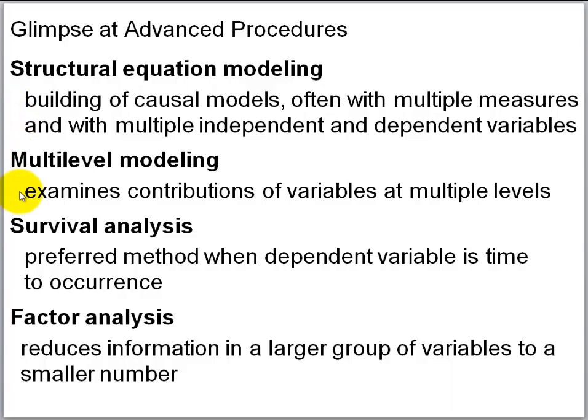Now then, what's multi-level modeling? I'll note that sometimes really complex structural equation models do multi-level modeling, but the hallmark of multi-level modeling is examining the contributions of variables at multiple levels. So as an example, suppose that we're looking at the reading performance of a second grader.